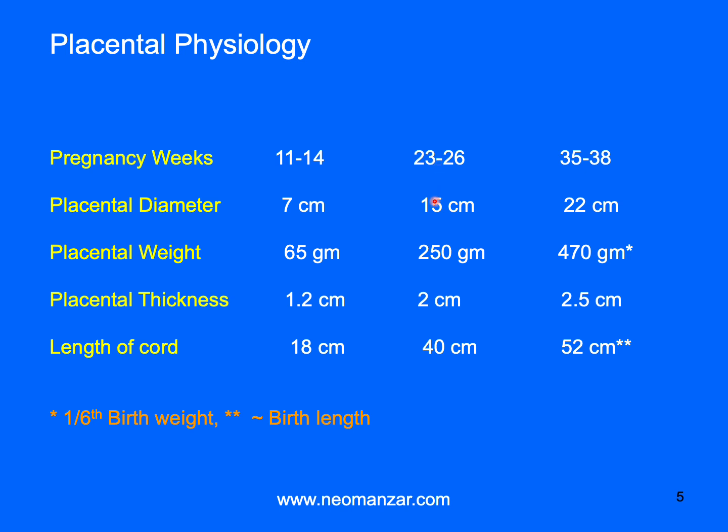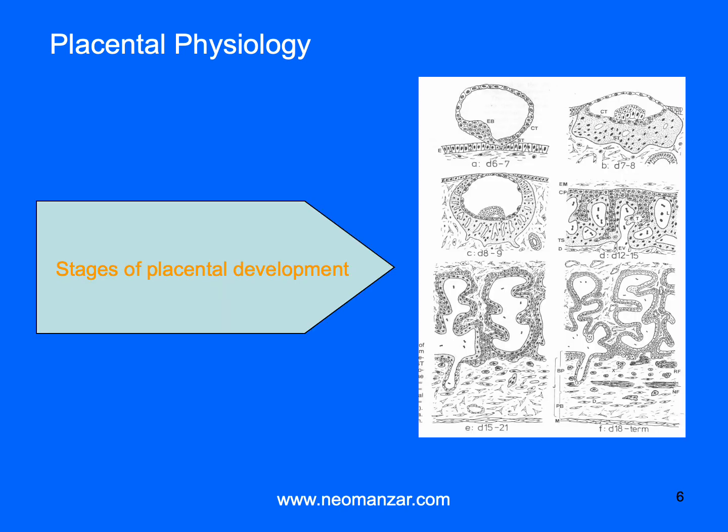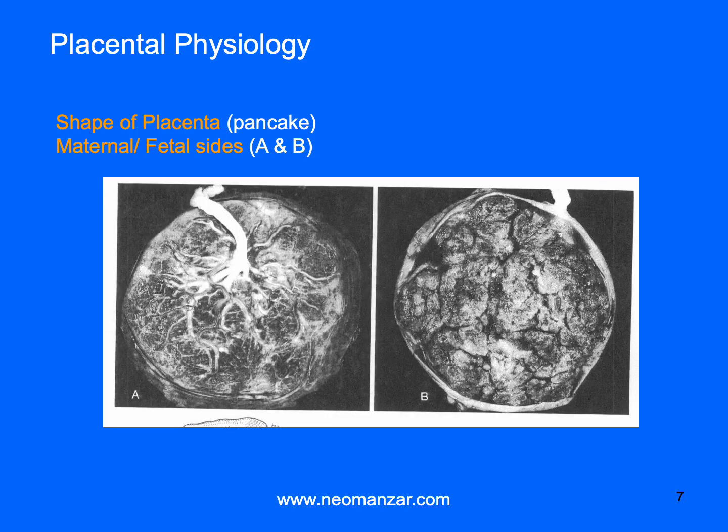Look at the placenta, the weight, the thickness, and the cord length. As you see in this slide, by 21 days the placenta is really functioning fine. It has syncytioblast and the exchange is happening.